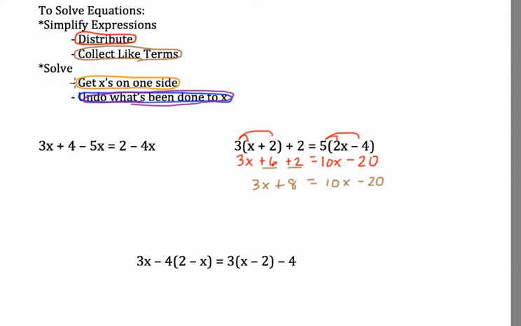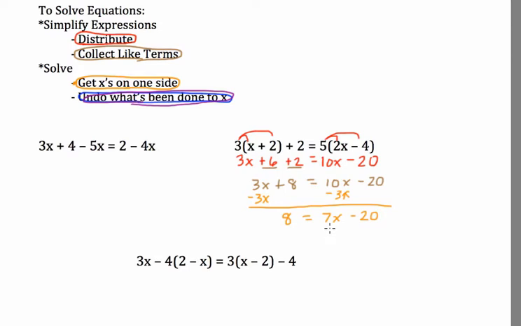Next step, get the x's on one side or the other. An equally acceptable step would have been to subtract 10x from both sides. That would have moved the x's to the left side instead of to the right side, like I'm doing. Now I'm down to just a regular old two-step equation. So I'll solve.